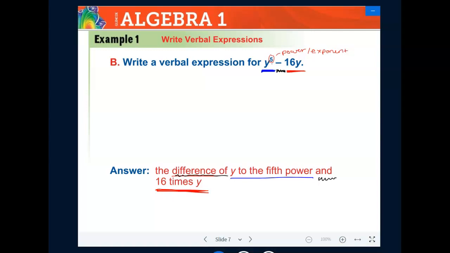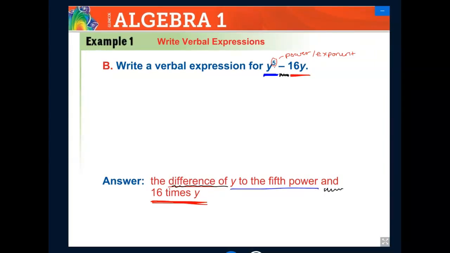How many picked letter B for the first problem? Okay. How many picked letter C? Ooh, okay. How many picked letter D? Should we find out what the answer is?